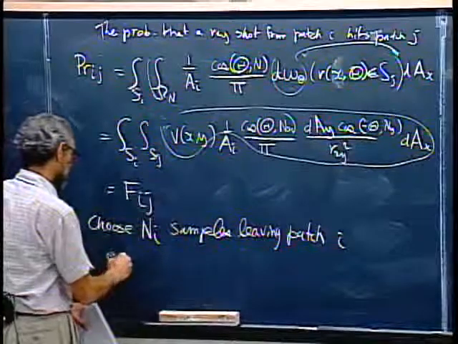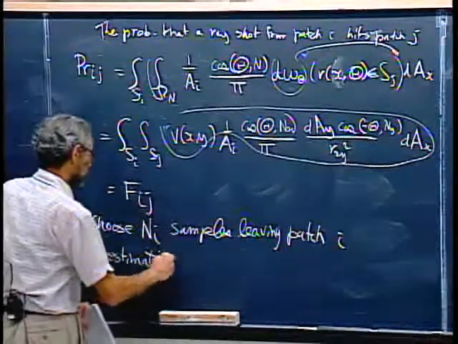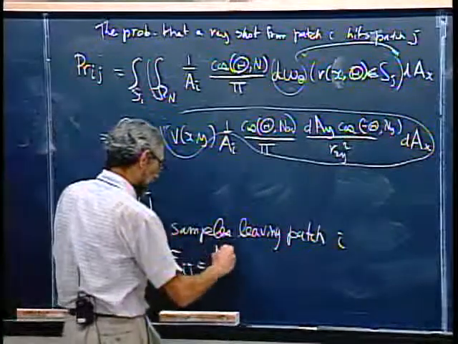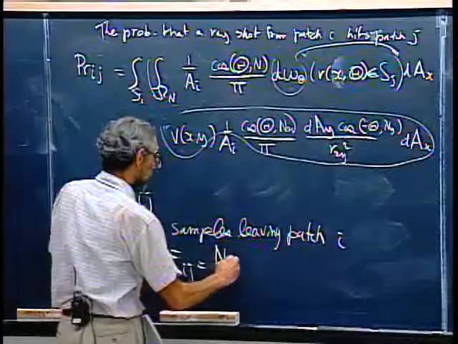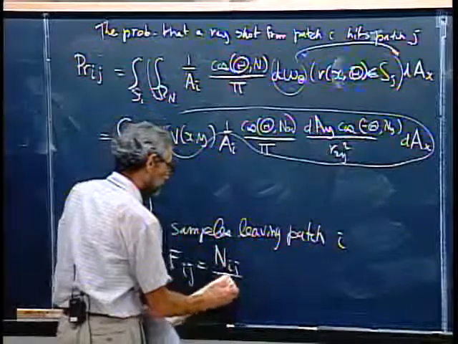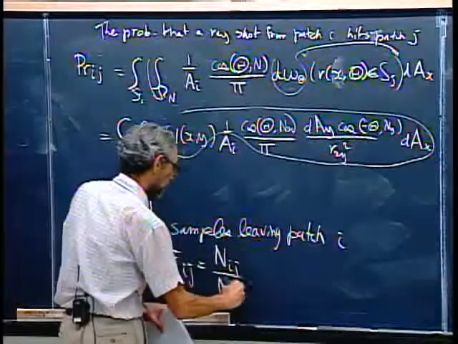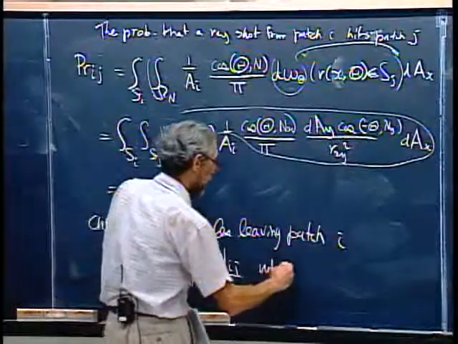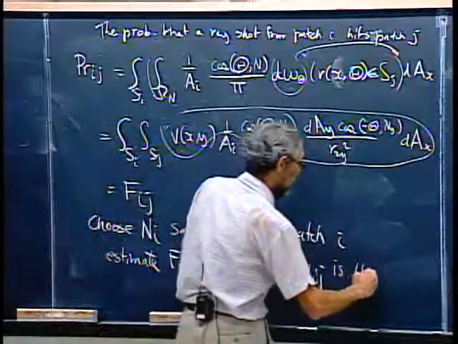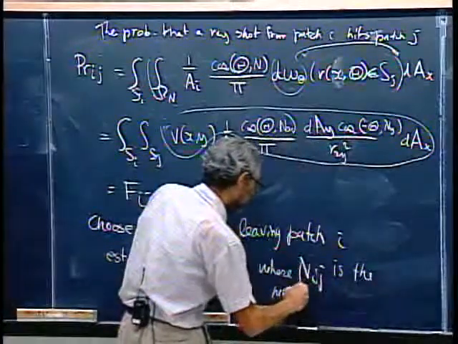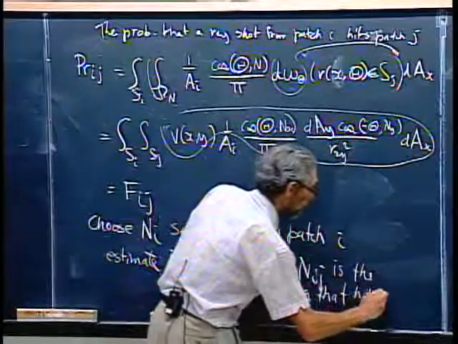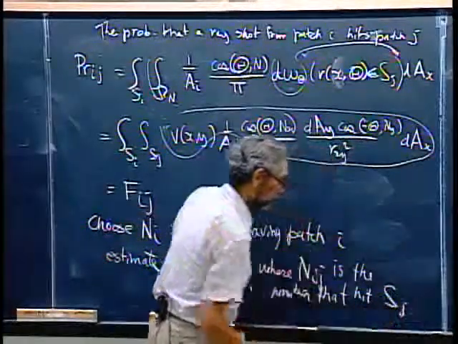And estimate Fij equals Nij over Ni, where Nij is the number that hit patch J, that surface J.